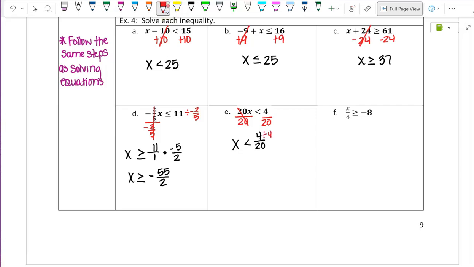I can reduce these both by 4. So Michael, if I reduce both of those by 4, what do I have left? x is less than what? 1 over 5. So x is less than 1/5.